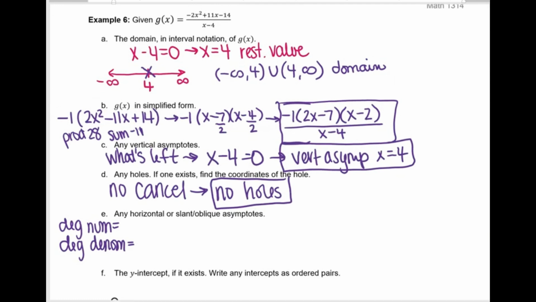Standard form, highest exponent, numerator is 2, denominator is 1. And here, the numerator is not only bigger, it's 1 more than the denominator, which means that we are going to have a slant/oblique asymptote.